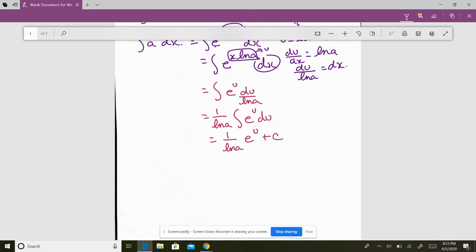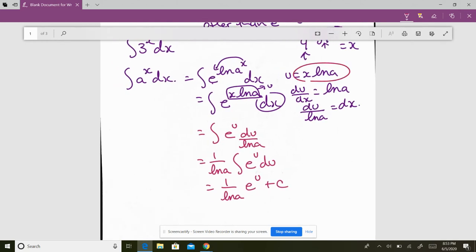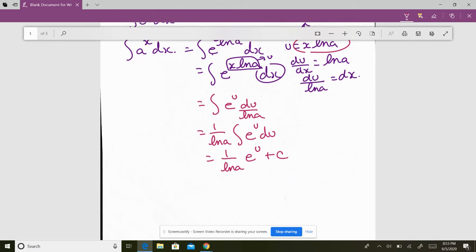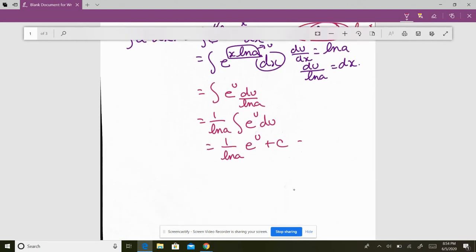What was u? u was x natural log of a, or I can move that up, natural log of a to the x. So this becomes 1 over natural log of a, e to the natural log of a to the x, plus c is still there. Remember, base and base match, so it's just a to the x over the natural log of a plus c.